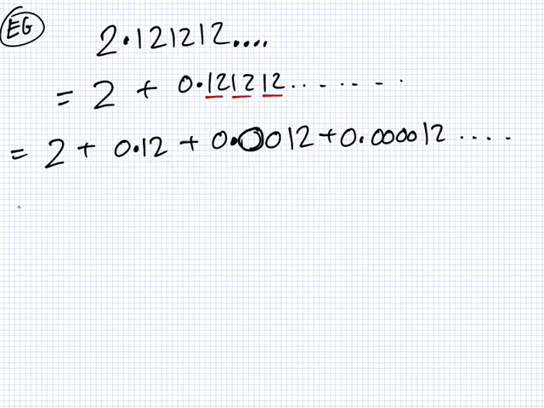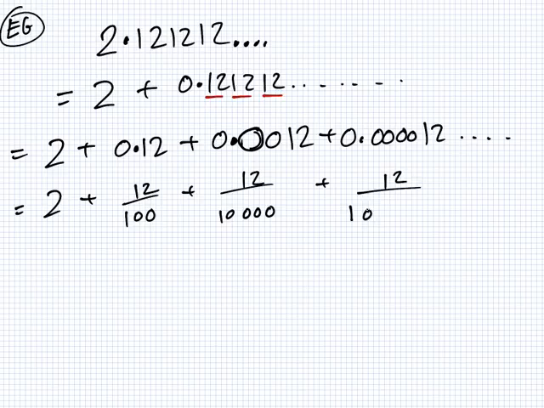Then you should change them into fractions. 2 plus 12 over 100 plus 12 over 10,000 plus 12 over 1,000,000, like this. And then when you look at this, you realize this is a GP.